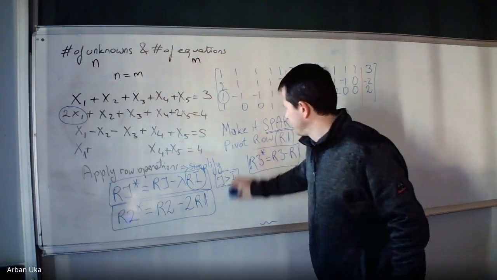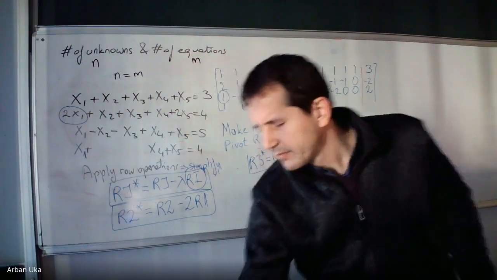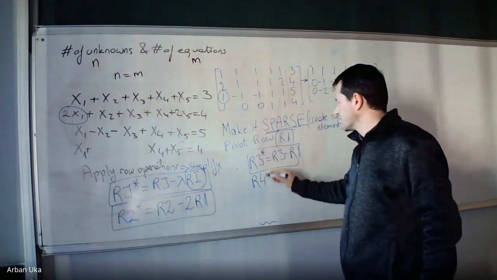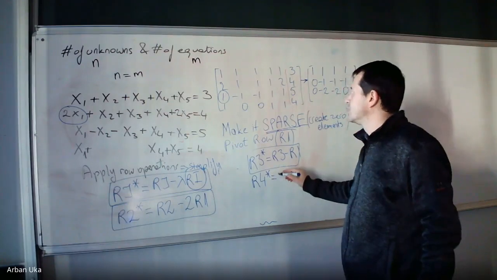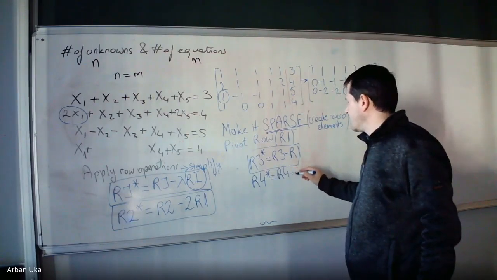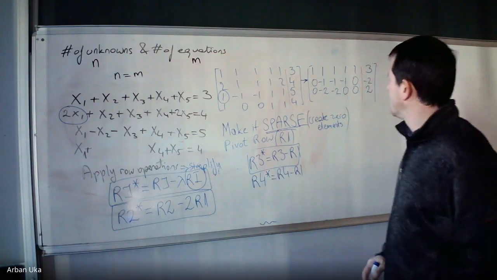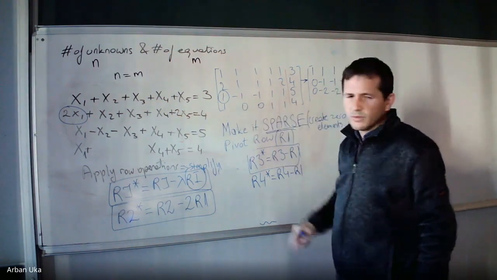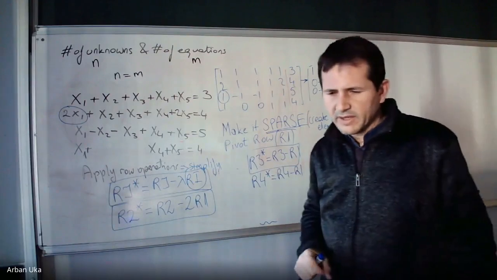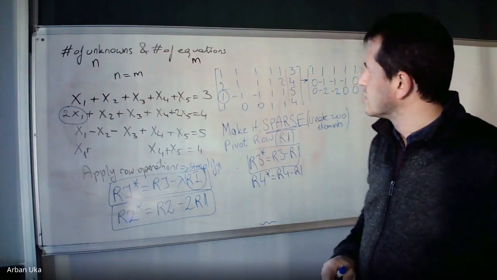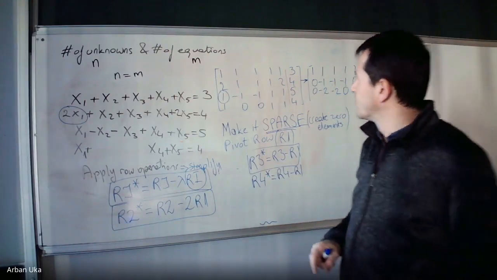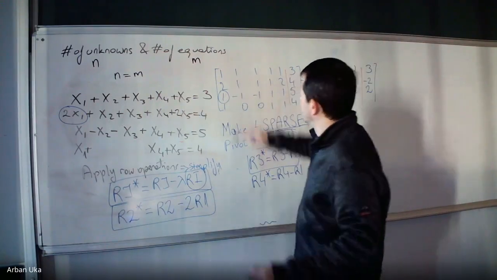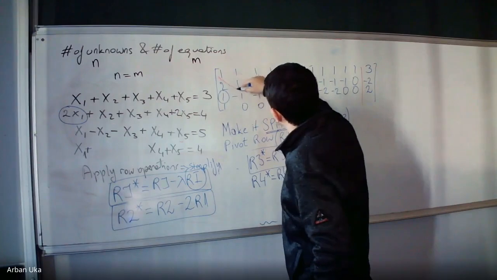Then the next possible expression is row 4 star, equal to row 4 minus row 1. But why are we doing this? We're doing this because when we try to make it sparse and produce zeros, we want zeros in all the elements below the diagonal.